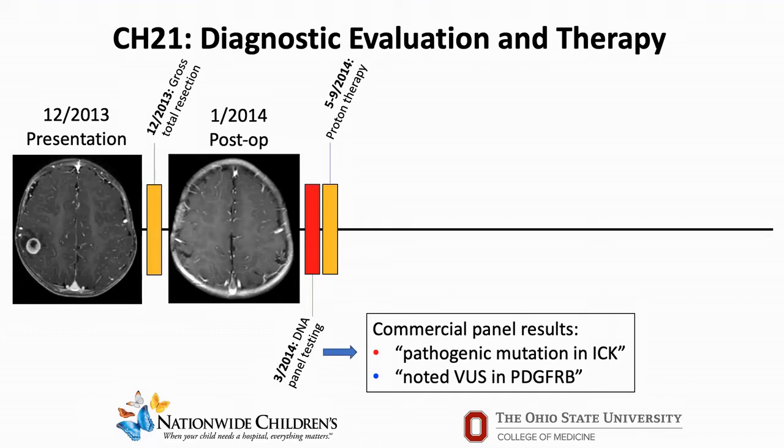You can see on the far left in the MRI that it was removed by gross total resection, and the postoperative MRI illustrates that. The patient went on to receive proton therapy, and this sample was sent out to a commercial sequencing entity for evaluation, where there were two findings. One, a pathogenic mutation in intestinal cell kinase, and two, a noted variant of unknown significance in PDGFR beta. So remember those results, because they'll become important in just a minute.